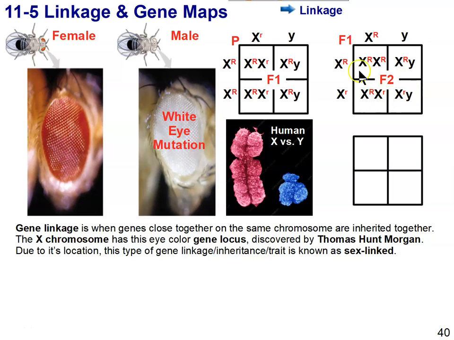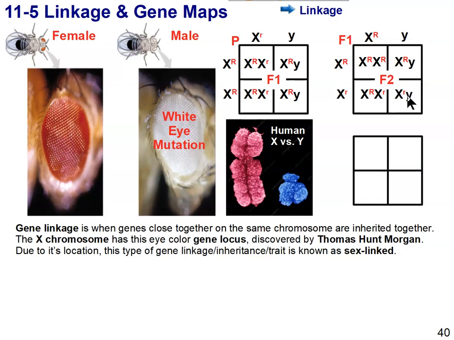But the phenotypic ratio here is, just like the phenotypic ratio in the F1 generation, all red, wasn't surprising. Same thing in the F2 generation. Not surprising, because that's what we normally see in the F2 generation, a 3-to-1 phenotypic ratio. But when Morgan looked more closely at what was going on here, he saw that only the males had white eyes.